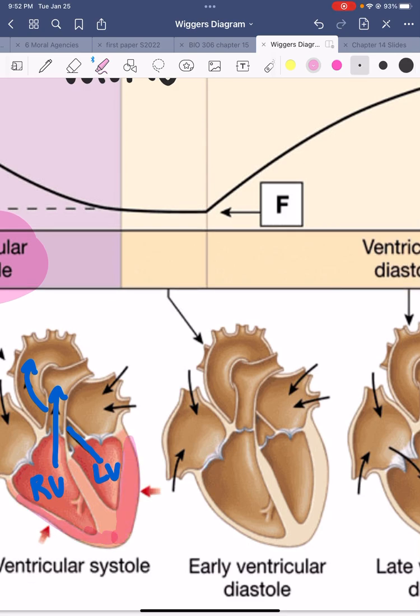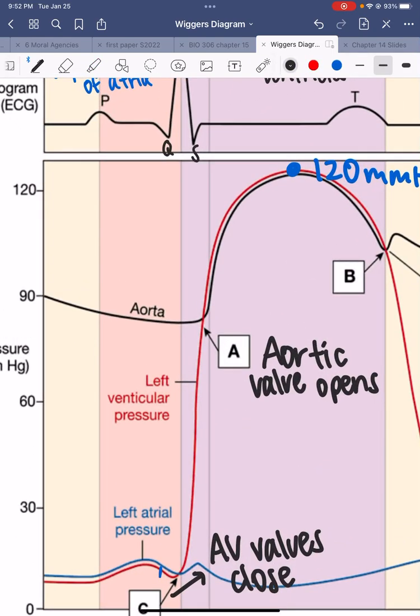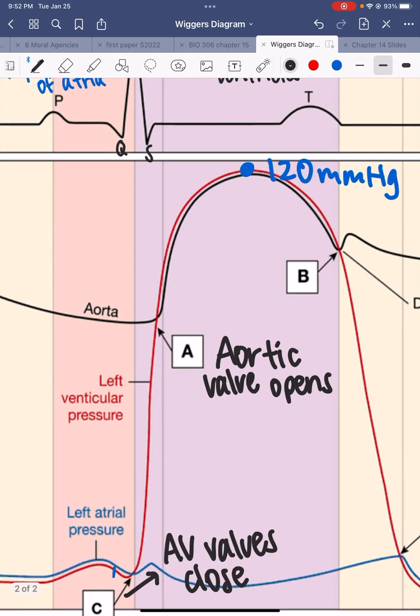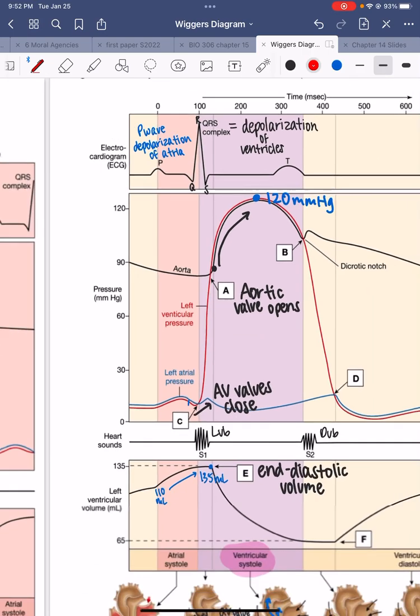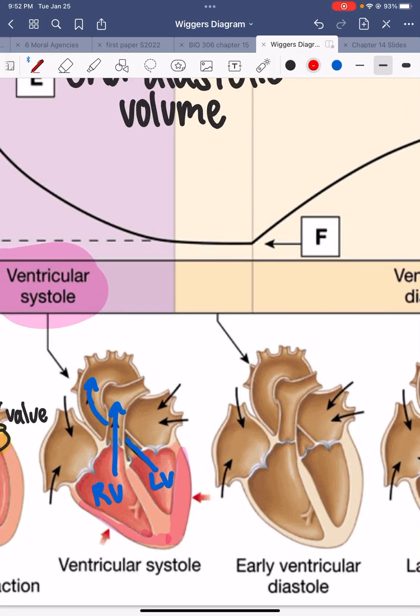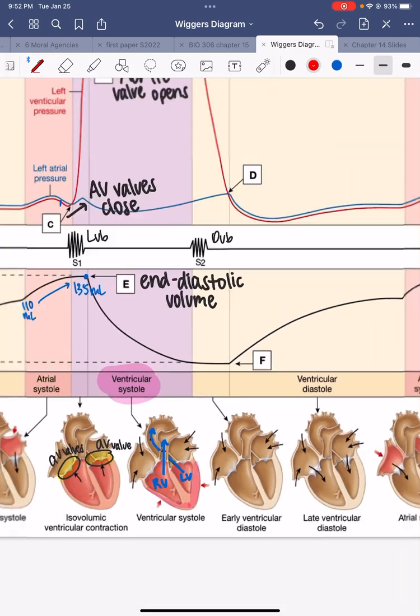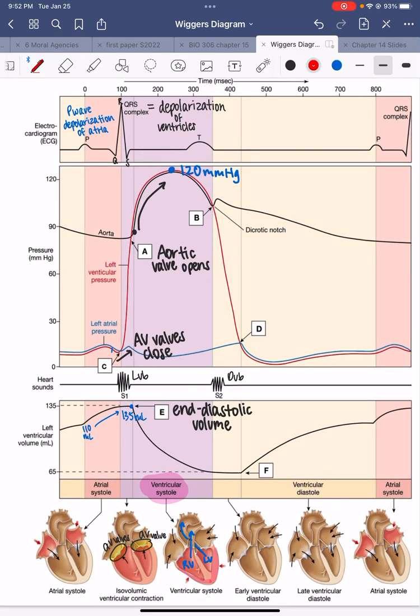The black line showing the aortic pressure also increases from about 90 millimeters of mercury to slightly above 120 millimeters of mercury. It increases because the blood is flowing into the aorta. Left atrial pressure is maintaining a steady level of around 10 to 15 millimeters of mercury.